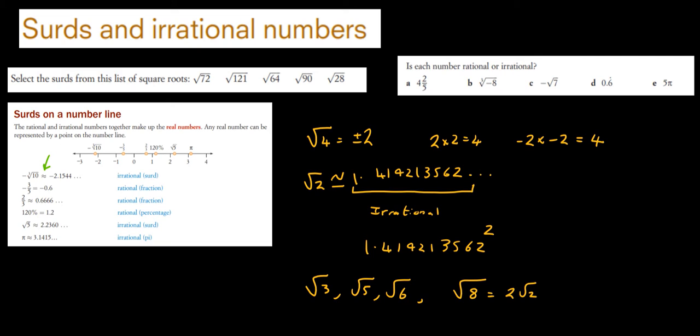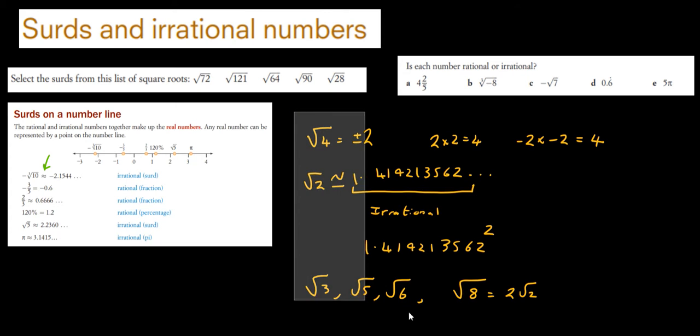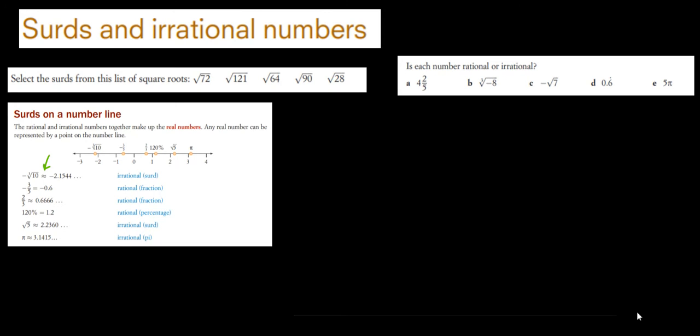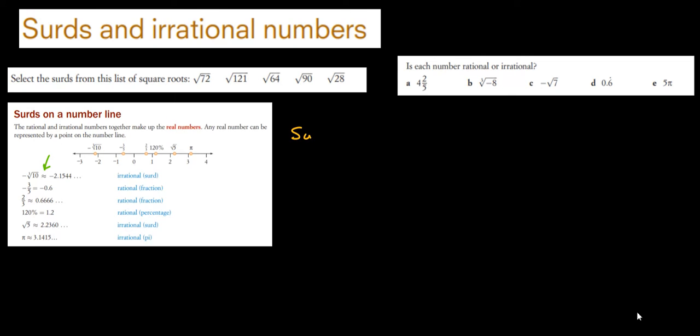So let's write down our definitions then of a surd and irrational numbers. So a surd is a square root value which cannot be simplified further.